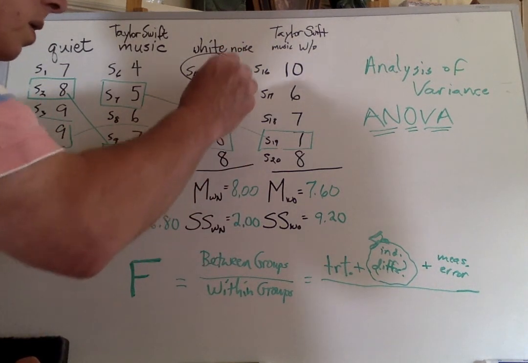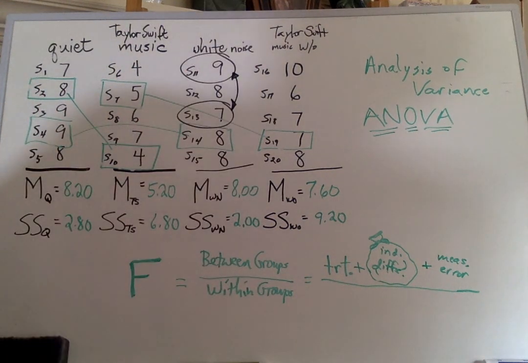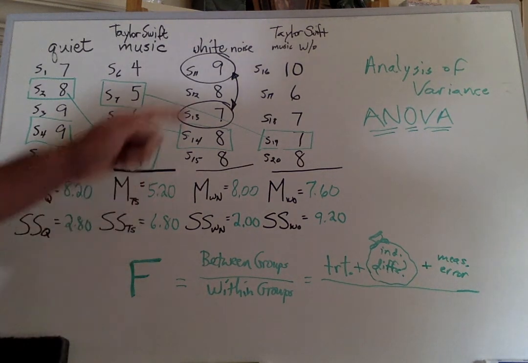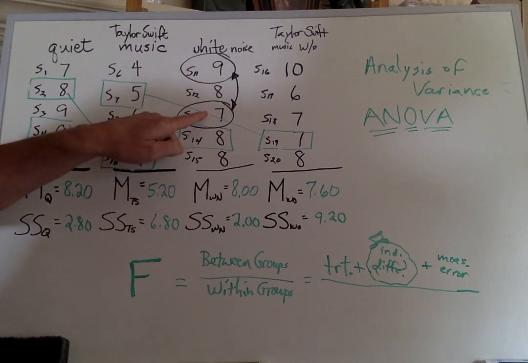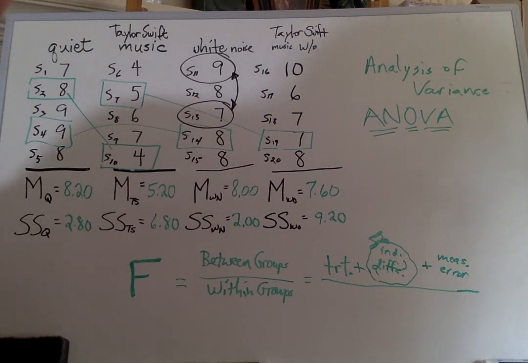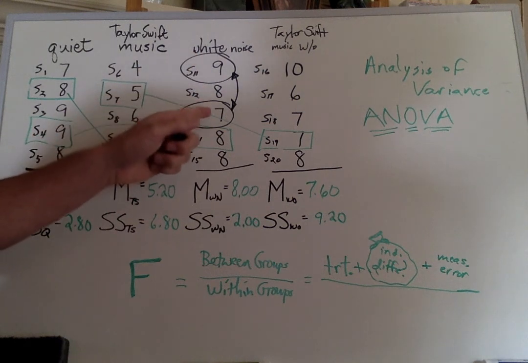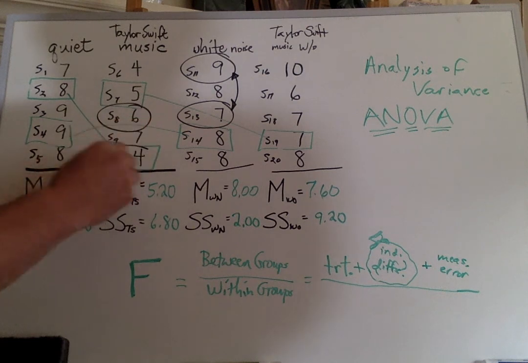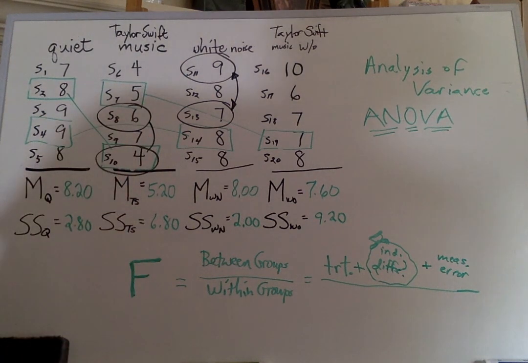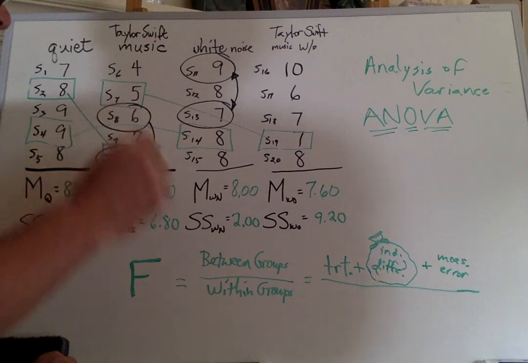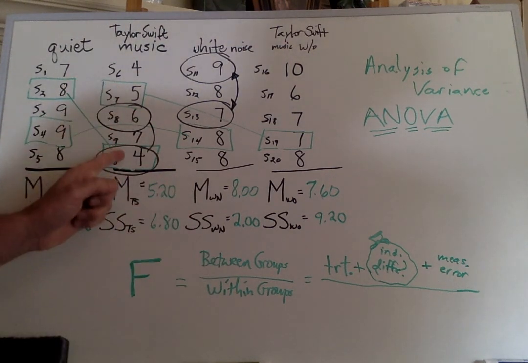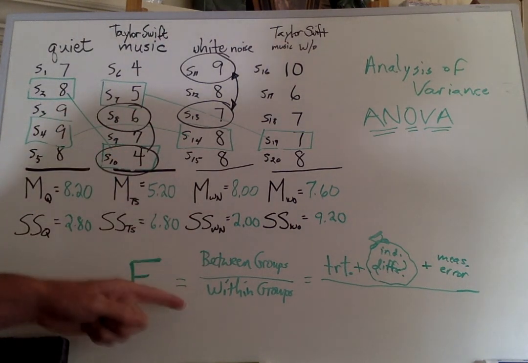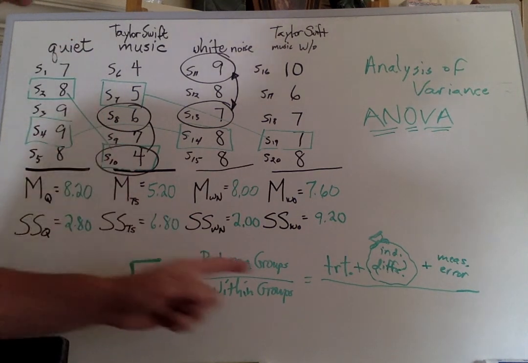I'm going to say, gee, why do they have different memory for different numbers of words? Well, I know that the difference here is not due to the treatment, right? Because they're in the same treatment group, just like this person and this person, right? Same treatment group. And so if they're in the same treatment group, the within groups variability cannot be due to treatment. So it's not treatment.